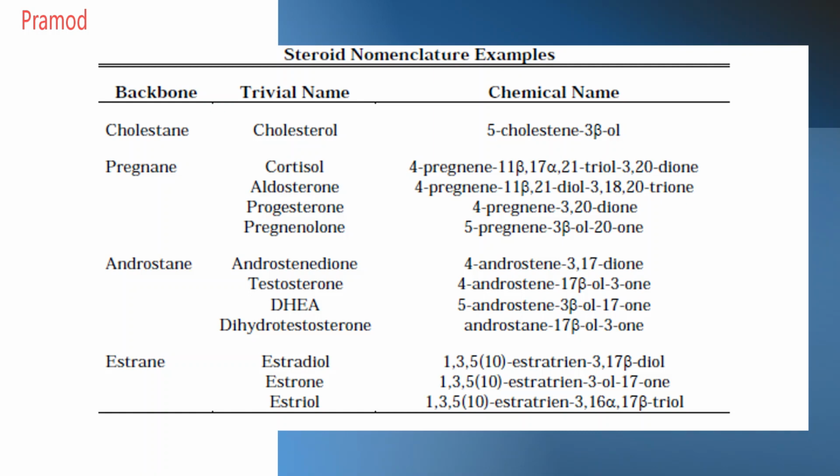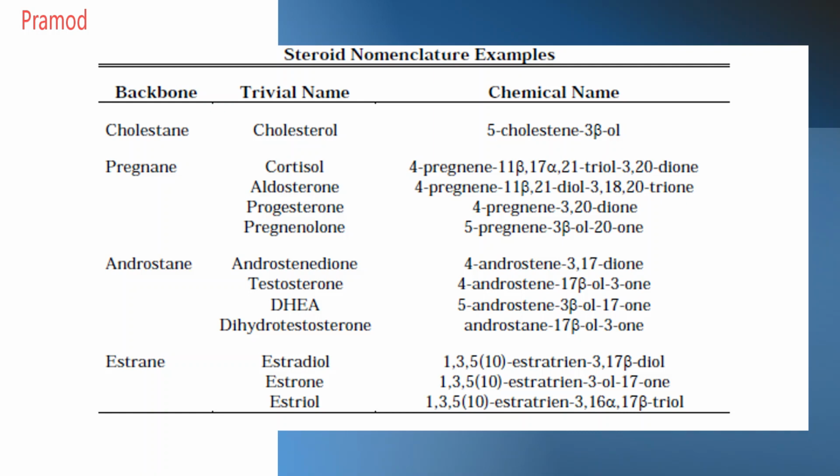Estradiol: the basic ring is the 18 carbon estrane. This is 1,3,5(10)-estratriene. Why 5 and 10? Because the 5th carbon and the 10th carbon are linked.